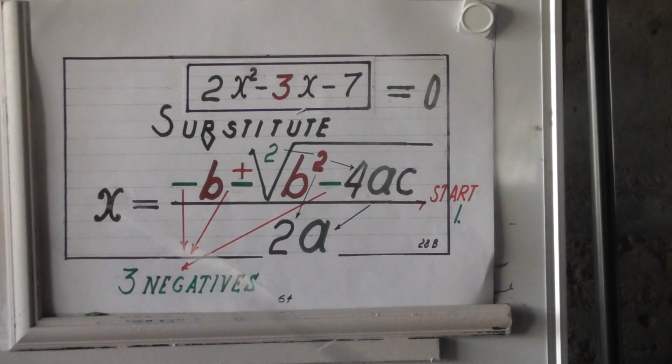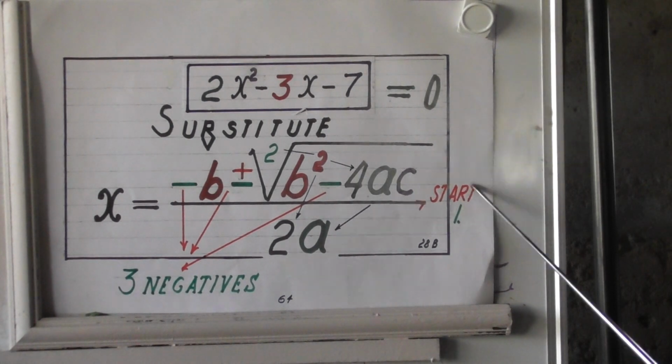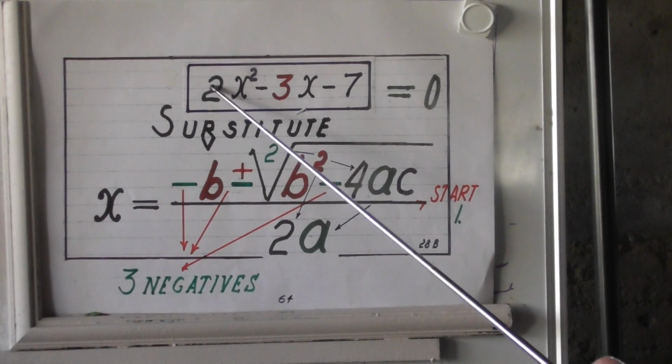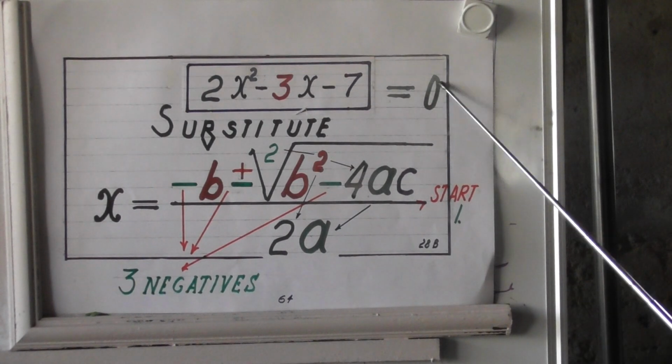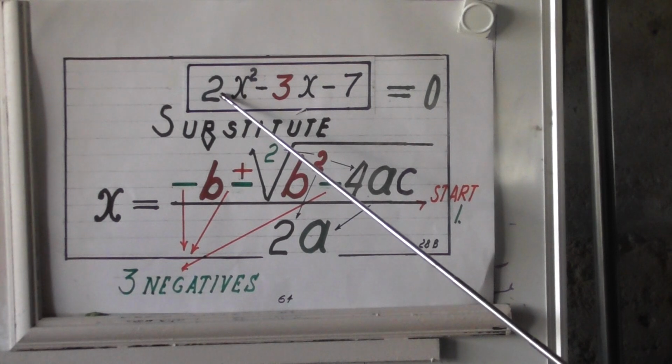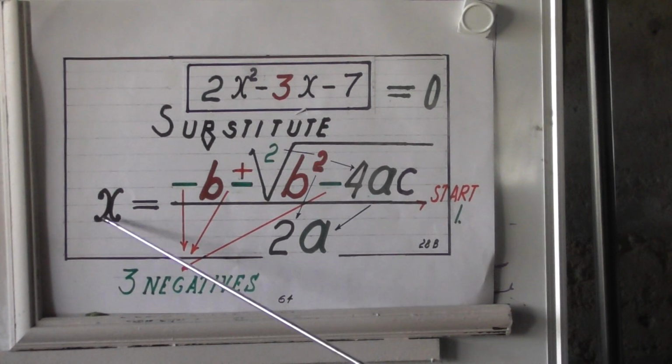This gives the name. So we can start straight away with the x line. We know that we can't do trial and error, so we start with the x line.